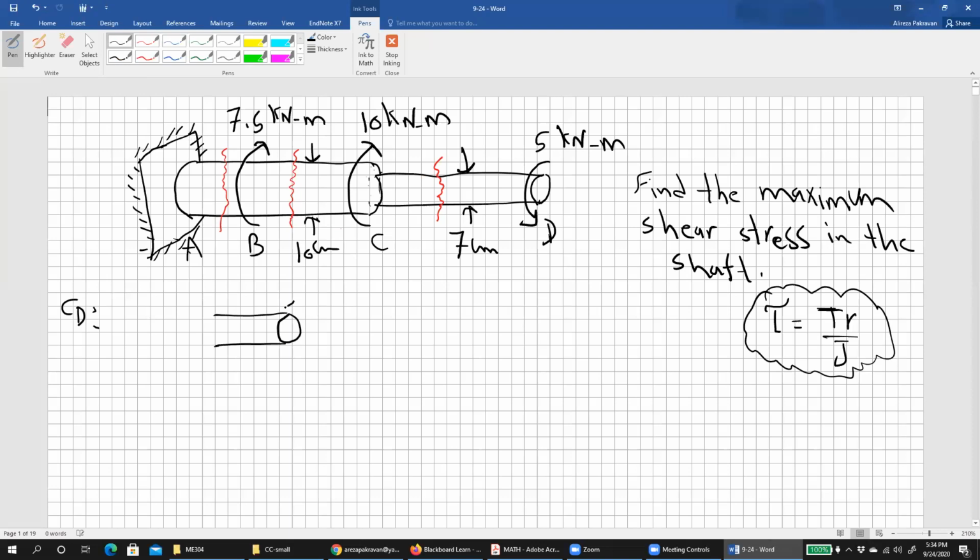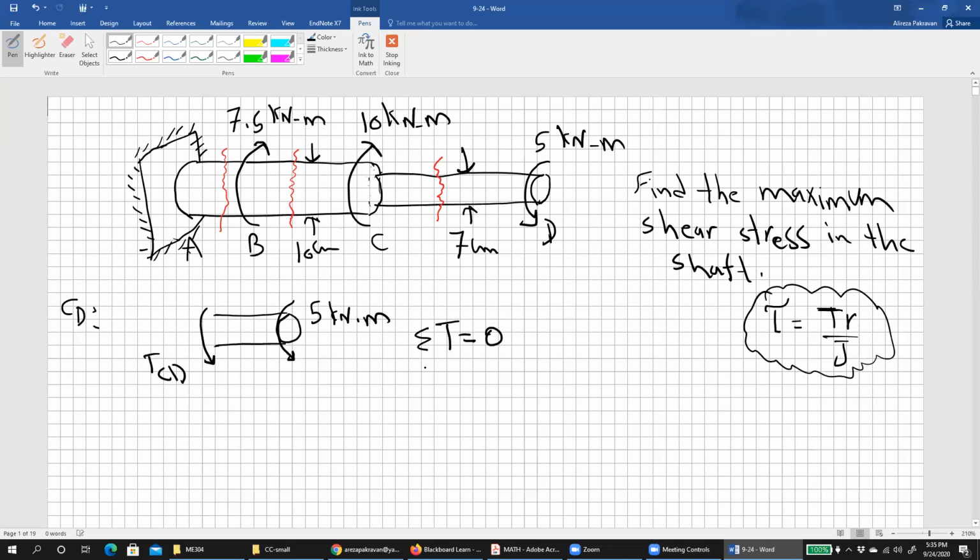So this is the 5 kilonewton meter. Let's just say this direction. Let me denote this TCD, right? So the summation of the moment is 0.